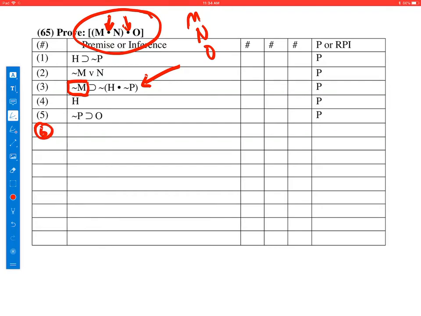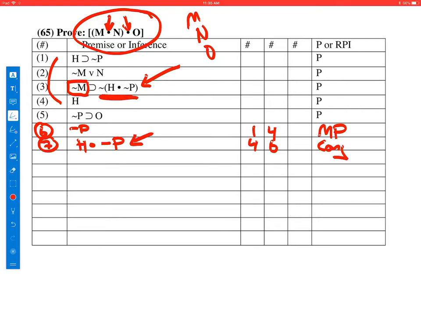All right, I have the H on line 4, so I need the not P, which I can get from 1 and 4, not P, 1, 4, modus ponens. Now let me put that H and not P together, from 4 and 6, conjunction.